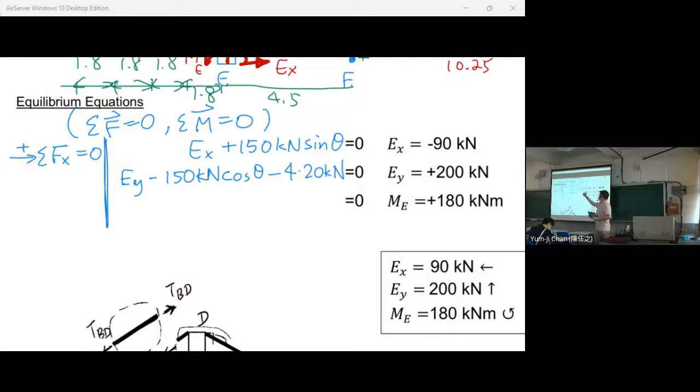This one, positive is to the right, so you can write summation F x is equal to 0, and you can show the direction which is positive. In this question, it is positive when it is to the right.